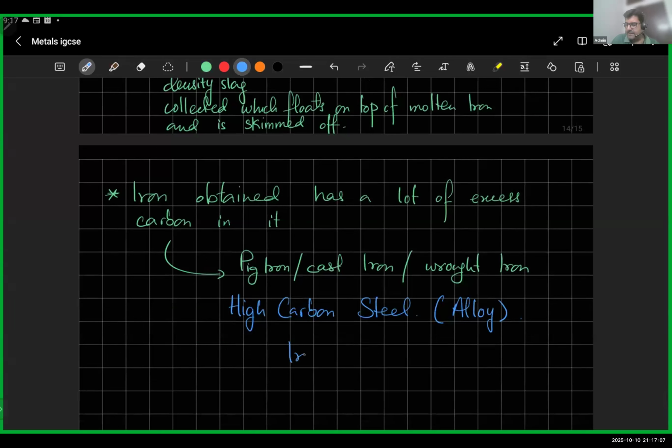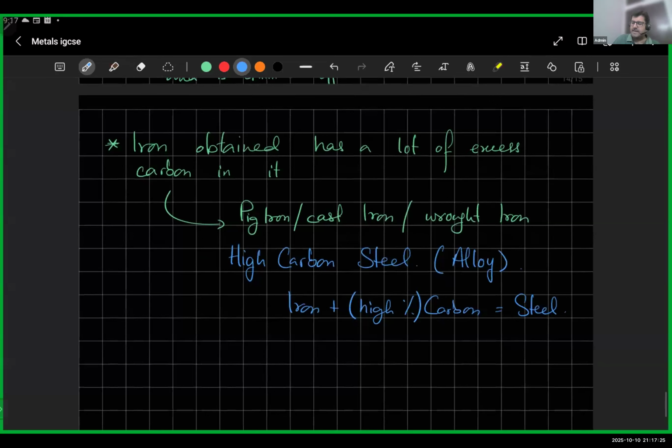What you're getting is iron with a high percentage of carbon in it, and that is steel. Okay, as I said, it's high carbon steel. The trouble with high carbon steel is that it's really strong, but not flexible or malleable.